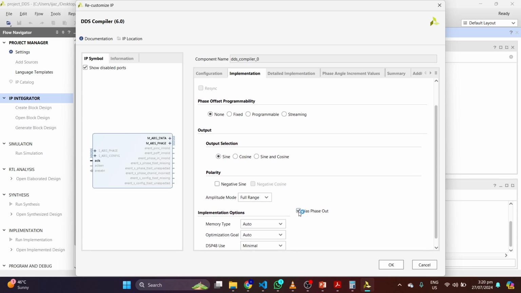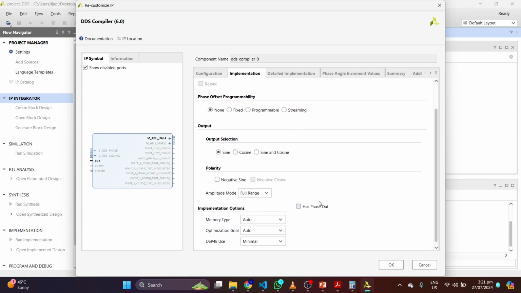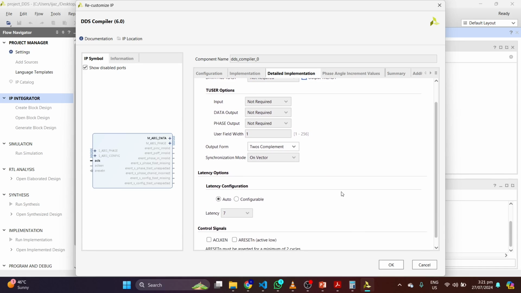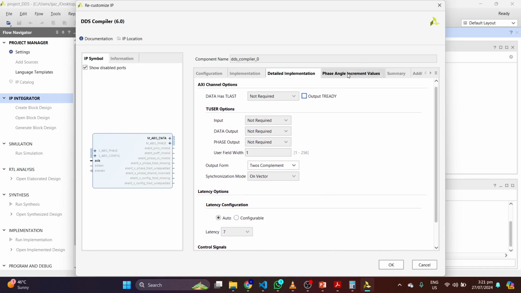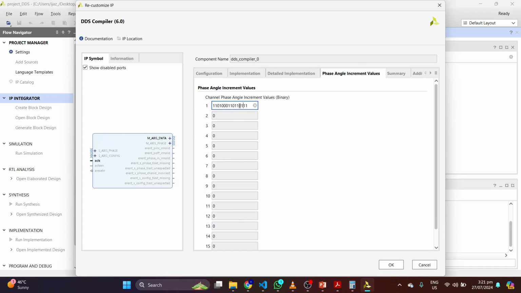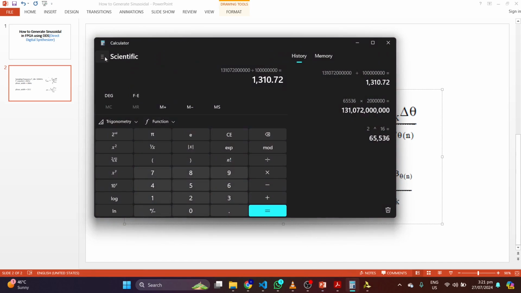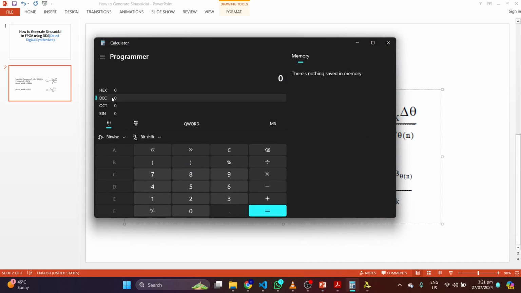And for now, I don't need the phase output, so I will just disable it, and I will keep the other parameters as default. Now over here, you have to put the phase increment value.